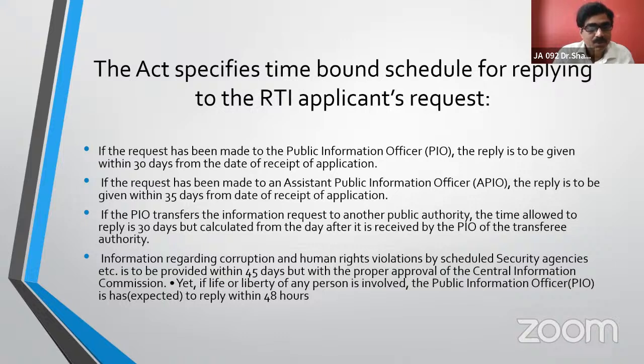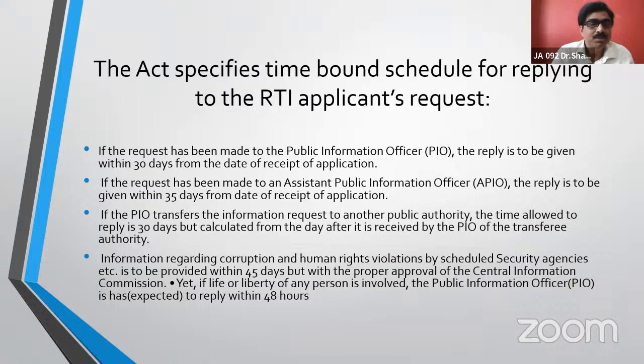If the PIO, the Public Information Officer, transfers the information request to another public authority, the time allowed to reply is 30 days, calculated from the day after it is received by the public information officer of the transfer authority. So suppose he does not have certain information, you can transfer the request to the other concerned authority.